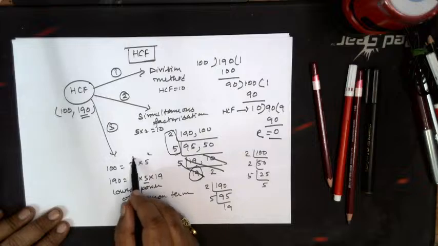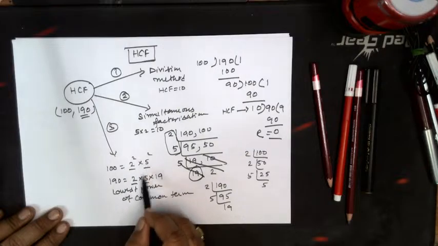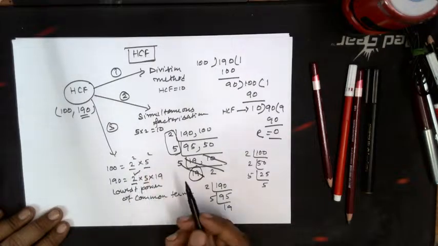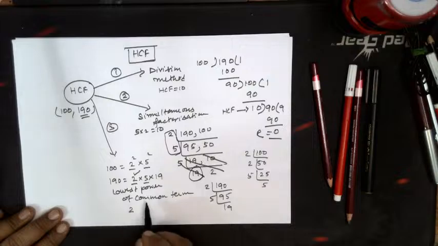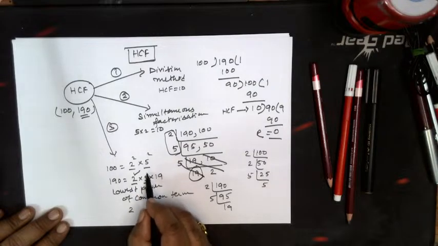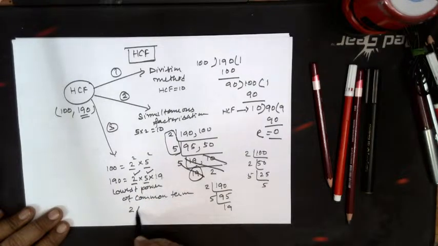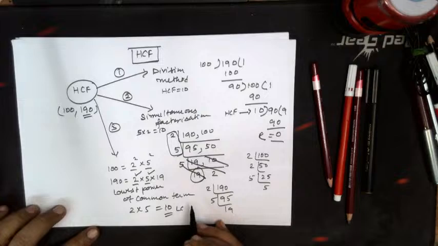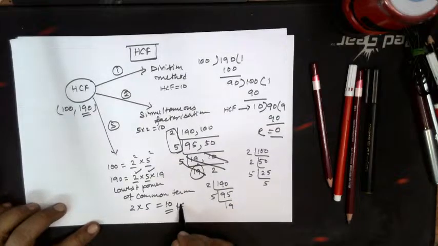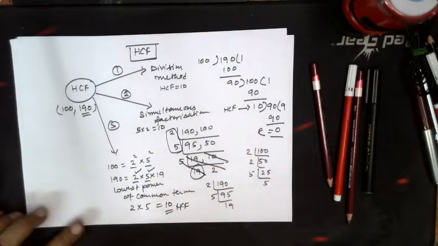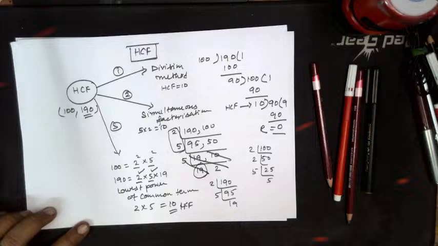Among 2 squared and 2, which is the lowest power? This 2, so you can declare 2. 5 squared and 5, which is the lowest power? 5. So 2 into 5 is equal to 10. You can declare this as HCF. You understand this, right?